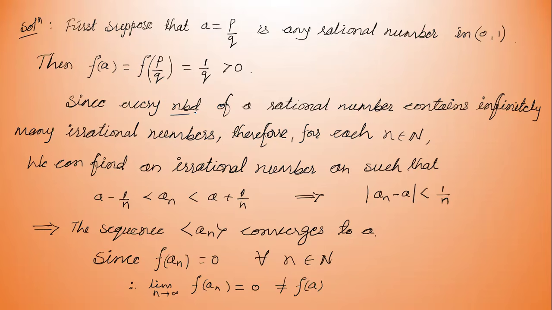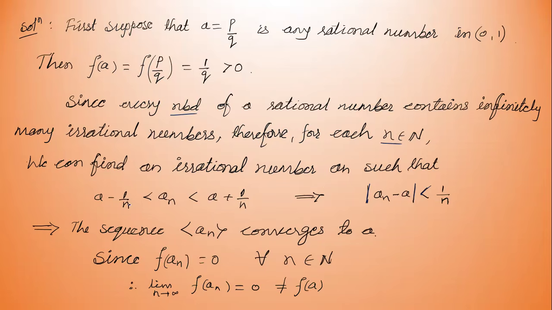Since every neighborhood of a rational number contains infinitely many irrational numbers, by rational density theorem, for each n belongs to N we can find an irrational number an such that modulus of an minus a is less than 1 by n.